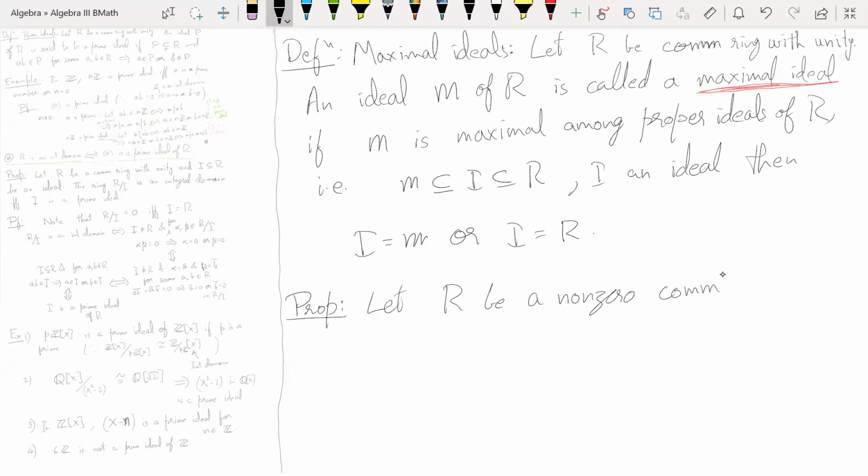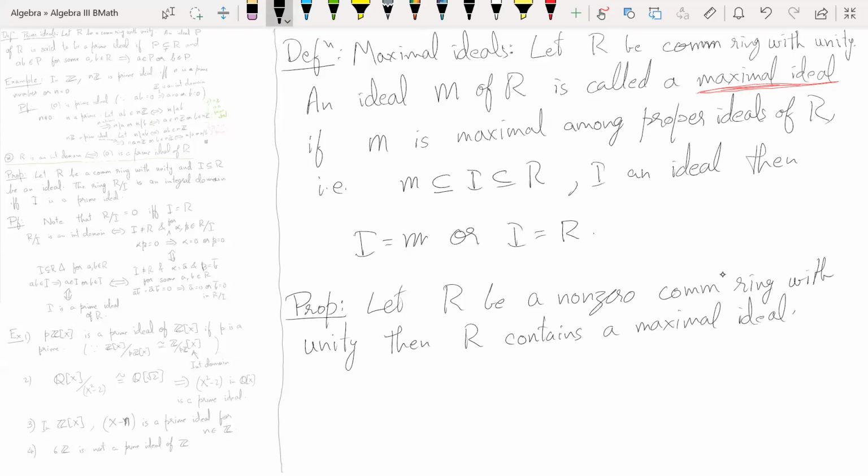If R is the zero ring, of course, there can't be any maximal ideal, since any proper subset is empty. So let R be a non-zero commutative ring with unity. Then R contains a maximal ideal. So there exists a maximal ideal for R.